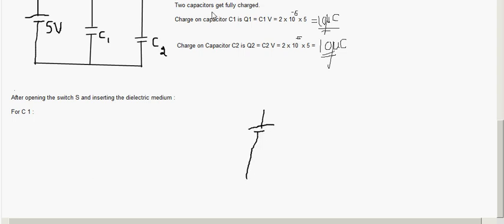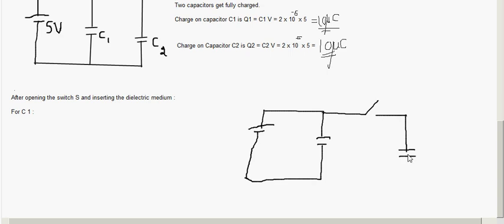C1 is connected to the battery itself, whereas C2 is not connected to the battery. You can take these as C1 dash and C2 dash, because this is with the introduction of the dielectric.